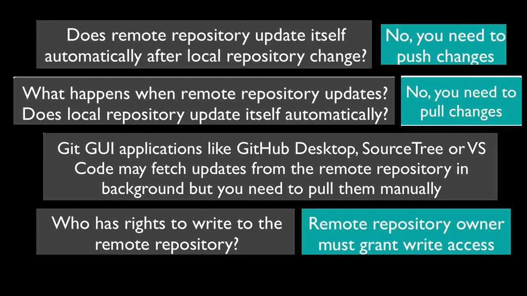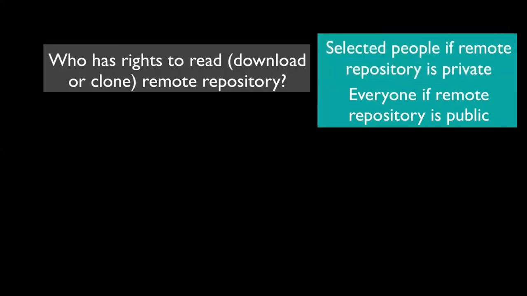Owner. Like if you are another person working in another company, and you want to edit my files, then the owner has to grant the request, like I am the owner, then I have to grant the request that you can edit my commits. Okay, who has the right to read the remote repository? If, at the starting repository part, you selected private, then it will stay private, or if you go with public, then the public will see.